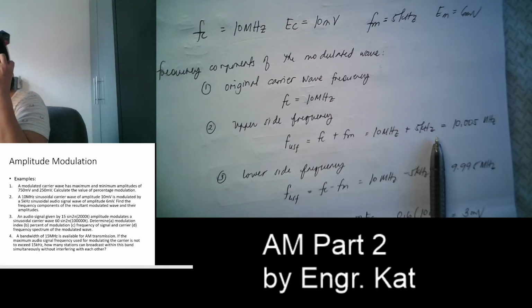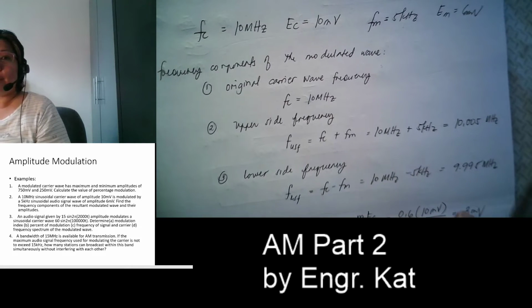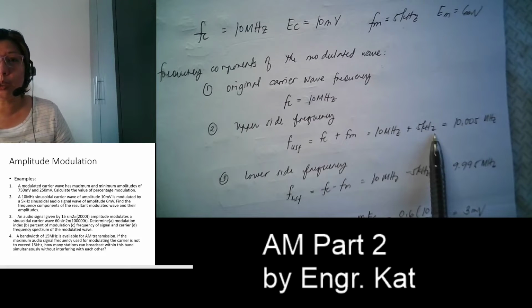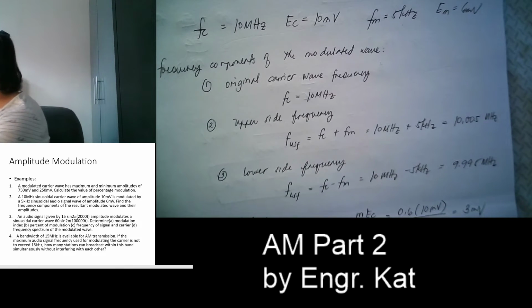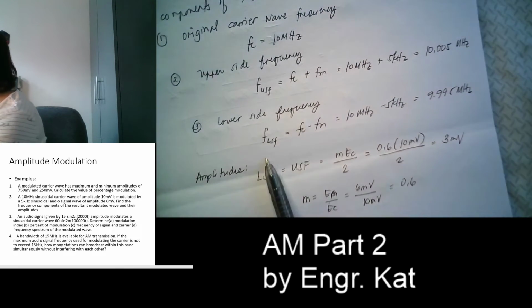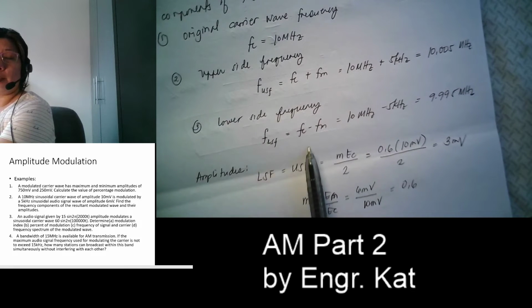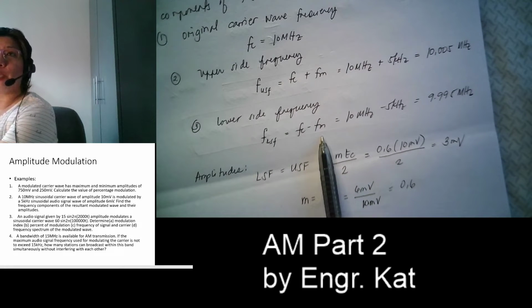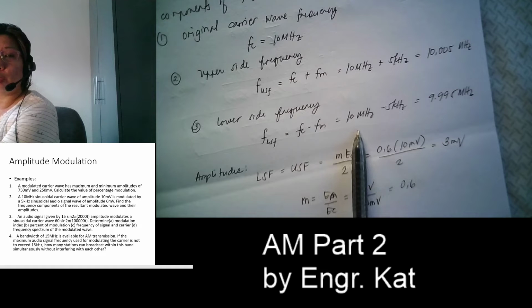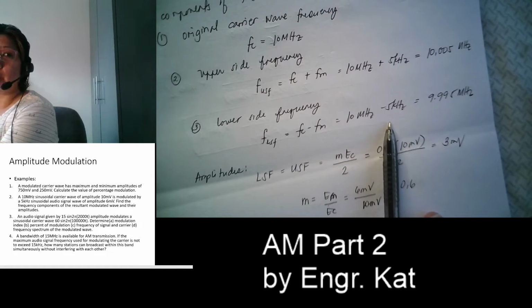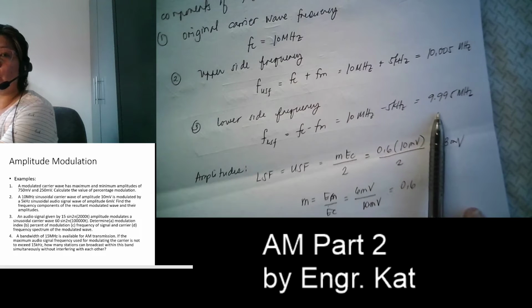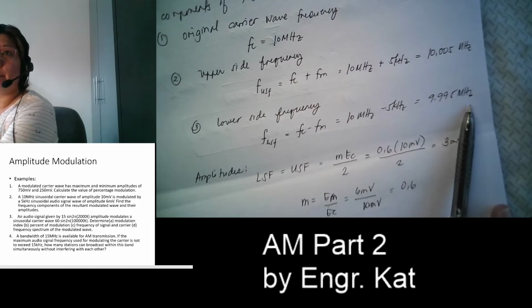That will give you 10 megahertz plus 5 kilohertz, or 10.005 megahertz. The third frequency is your lower side frequency, the difference between your carrier frequency and your modulating frequency. That will give you 10 megahertz minus 5 kilohertz, or 9.995 megahertz.